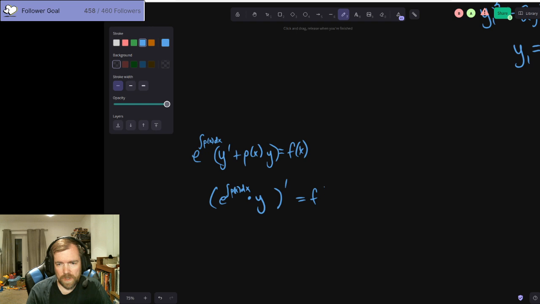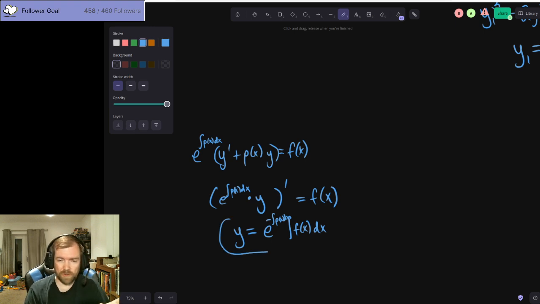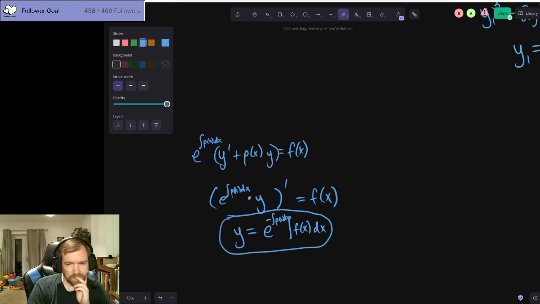That is equal to f of x, which means that y is going to be equal to, we take the integral of both sides, the integral of f of x dx, and on the other side we throw the e to the other side, it becomes negative integral p of x dx in the exponent. So that's a little weird, but in general, this is going to be our solution for that. Oh, e.